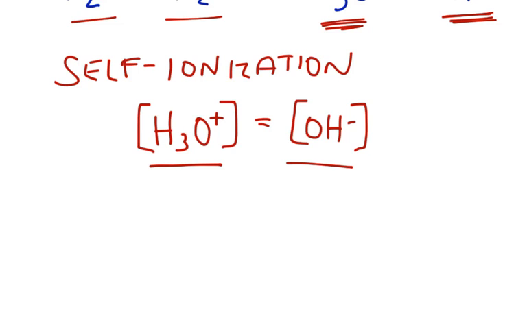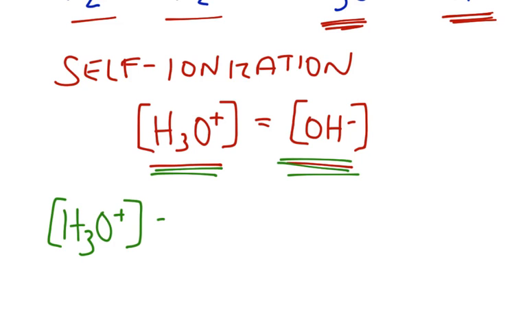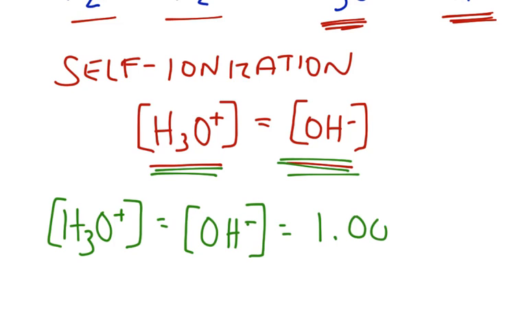And really, really, really smart people, which obviously is not always us, they actually calculated how much of each one is in pure water. And what they found is that no matter how much water you had, the hydronium ion and the hydroxide ion concentrations, again they're equal, are equal to 1.00 times 10 to the negative 7th moles per liter.